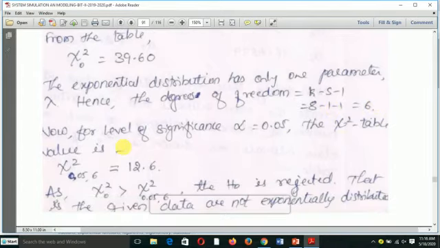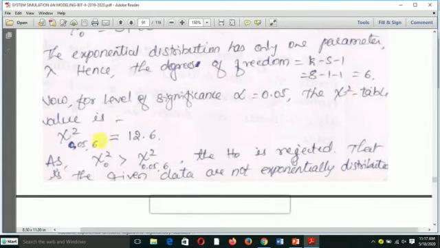So now the level of significance will be how? The level of significance we got in the question is 5%, so it is 0.05. So in the chi-square table, we are looking for the chi-square value when the level of significance is 0.05 and the degree of freedom is 6.